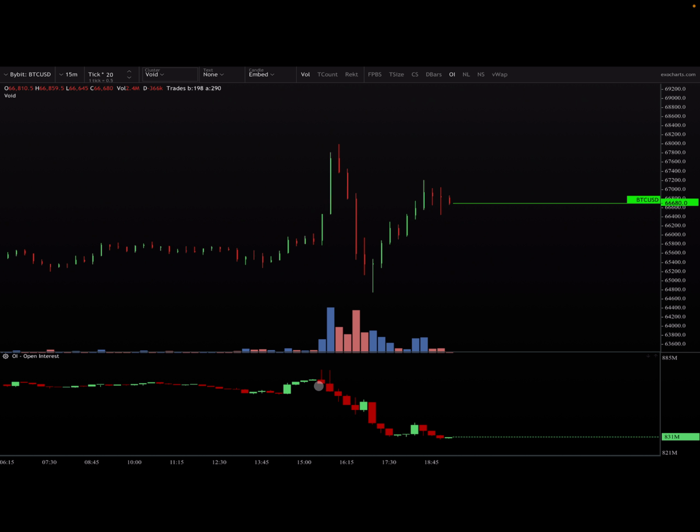If you look at the open interest, you will see that the open interest in this move was decreasing, which showed me that the move was not happening because people had conviction in higher prices. It happened because people were forcefully leaving the market. This could be getting stopped out, or this could be taking profits.